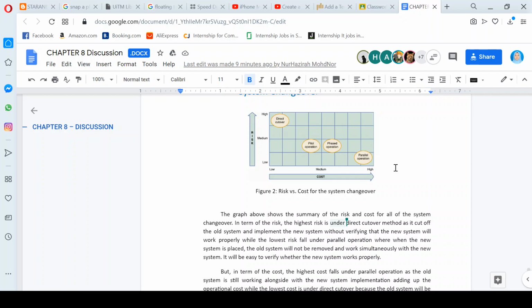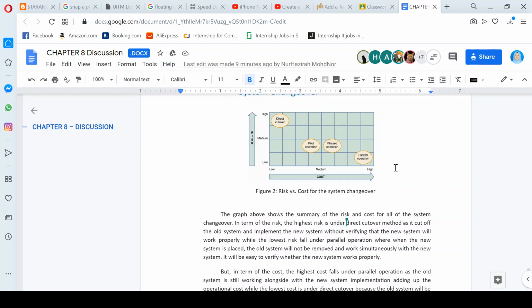If you have two system which is running in one server, of course dia punya performance akan jadi slow. You can imagine that if you have 1,000, 2,000 student accessing both system at the same time, apa yang akan jadi dekat server tu? So this is the effect.